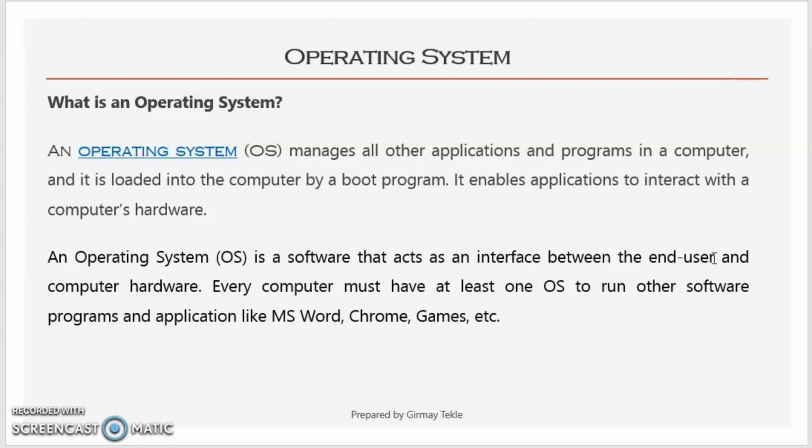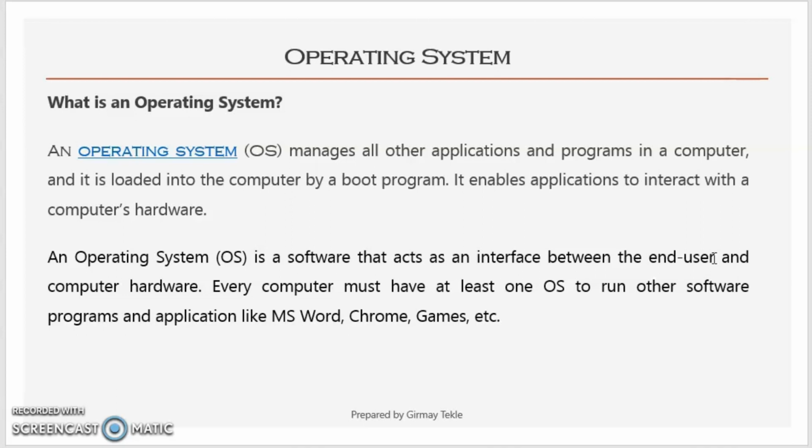So when we have an interest to interact with the machine, first and foremost, we have to install an operating system. Then using that operating system, we can interact with the machine easily. We can run any application programs and other activities based on our interest.